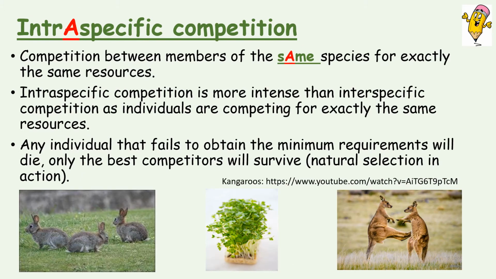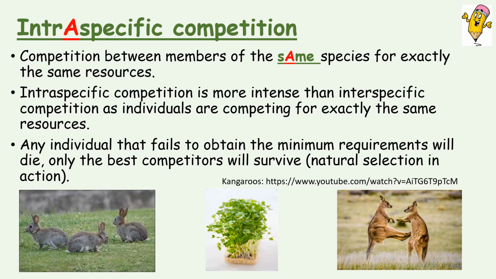Intraspecific competition is competition between members of the same species for exactly the same resource, so it's more intense because they want exactly the same thing. Any individual that fails to obtain the minimum requirements will die, so only the best competitor will survive. So natural selection will happen.